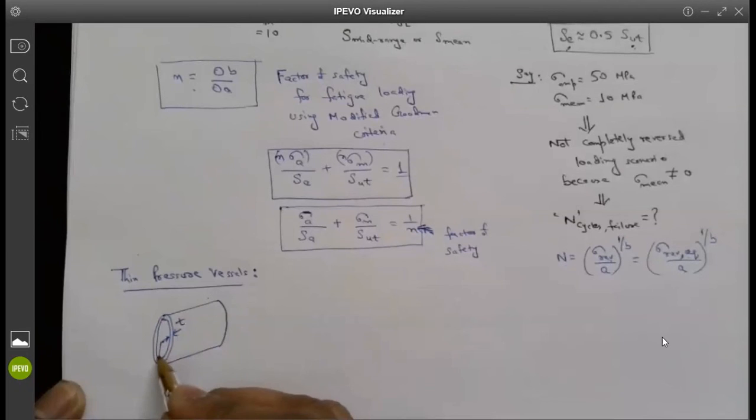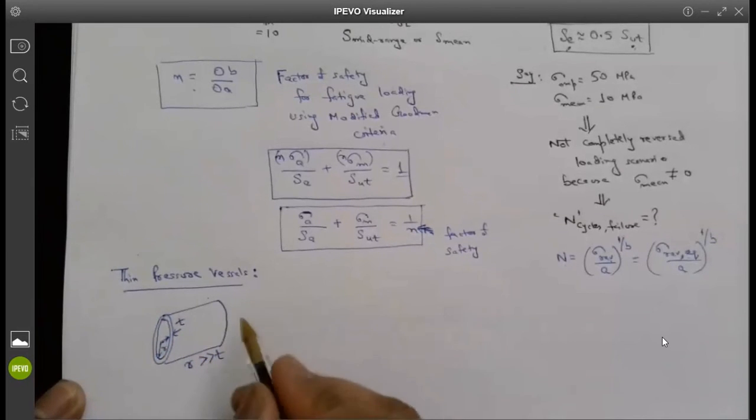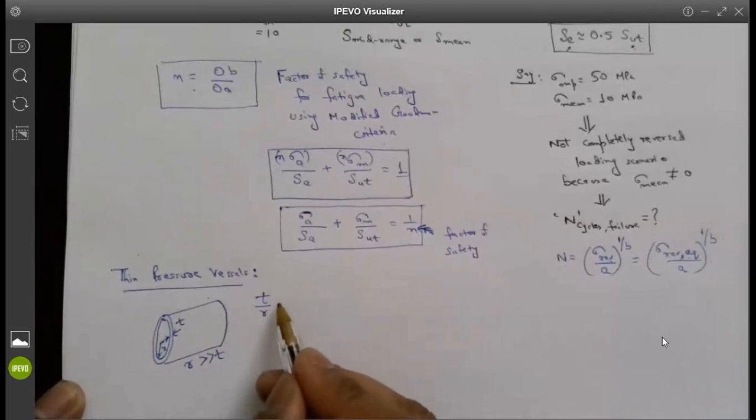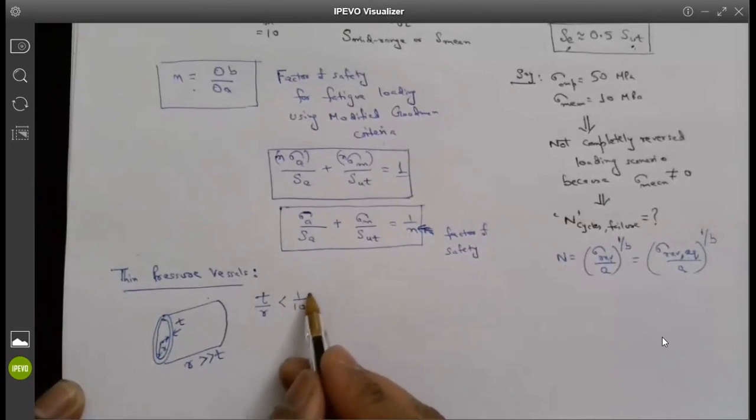So the radius R is much, much greater than the thickness. Generally, the ratio for thin pressure vessels is that T over R is less than 1 over 10, or rather your thickness is less than 1/10 of the radius.